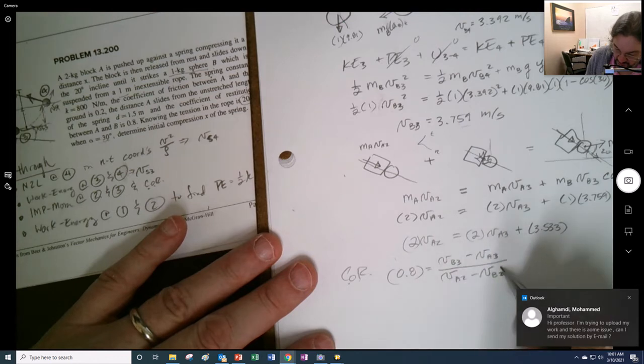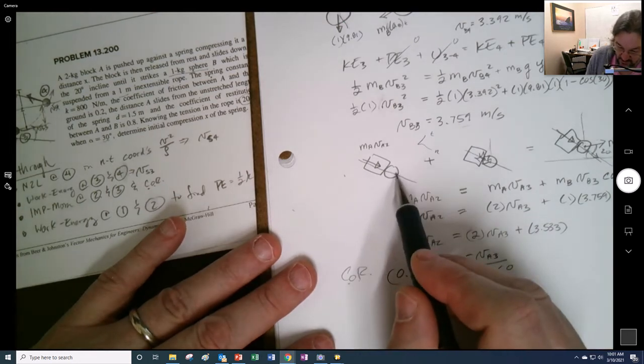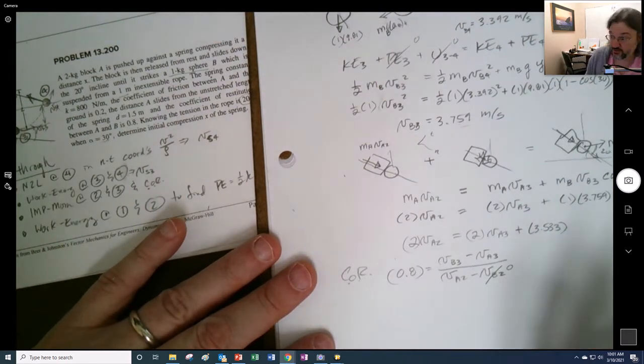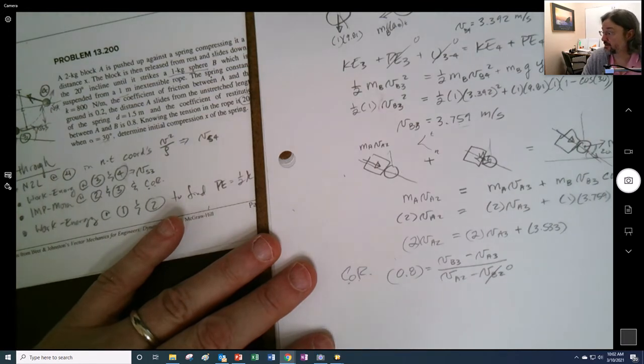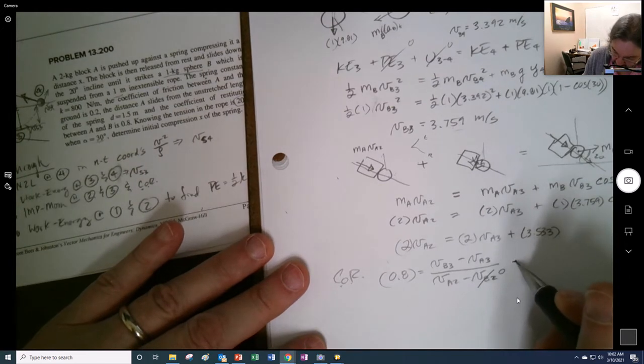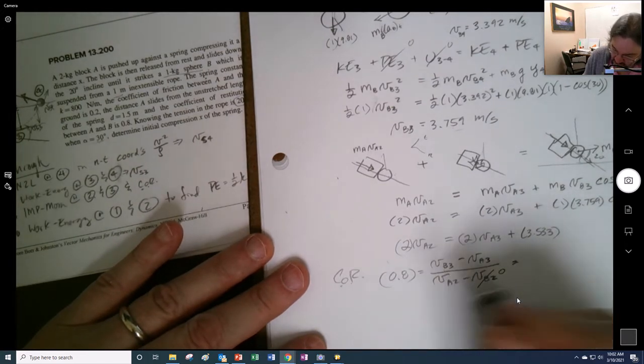We know that this is 0, right? Because this ball has not moved during this time. And I got a little thing here, double checking. Boom. And what else do we have? B3, we know this right here.